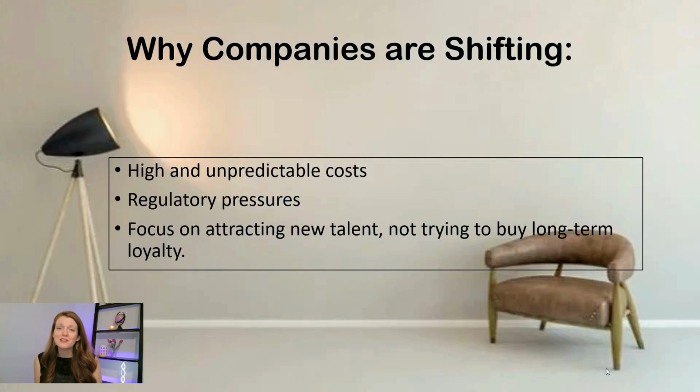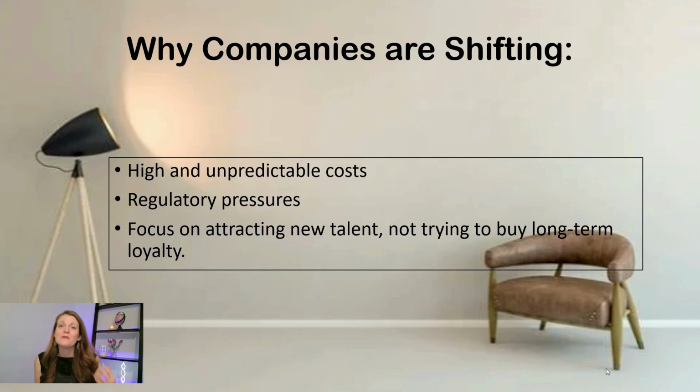So, a lot of companies are shifting away from this defined benefit plan, and that is because of several reasons. Here's some of the main ones. There are high and unpredictable costs involved in this. So we are going to work through all of the costs. That's what makes this chapter so challenging. And you're going to see why a company would want to shift away from this.